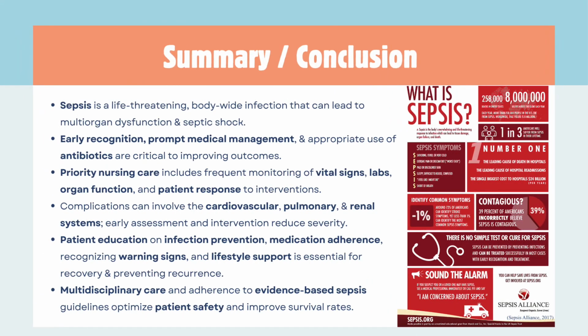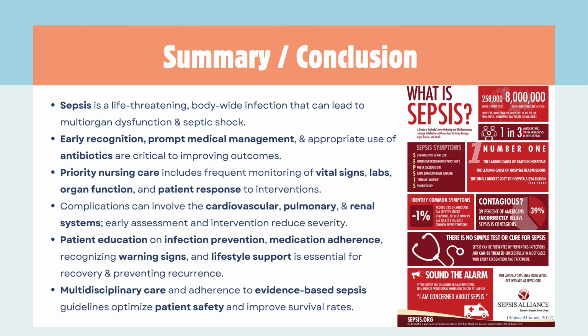In summary, sepsis is a life-threatening systemic response to infection that can rapidly progress to multi-organ dysfunction and septic shock if not treated promptly. Early recognition and timely medical management, especially the use of antibiotics and fluid resuscitation, are critical to improving patient outcomes. Priority nursing care focuses on close monitoring of vital signs, laboratory values, organ function, and the patient's response to interventions.